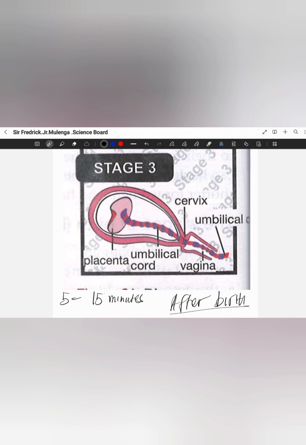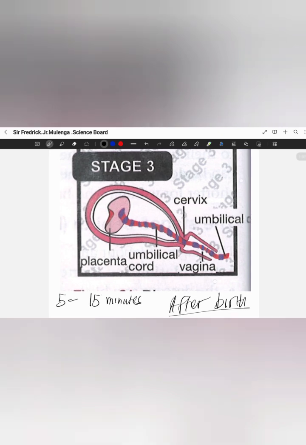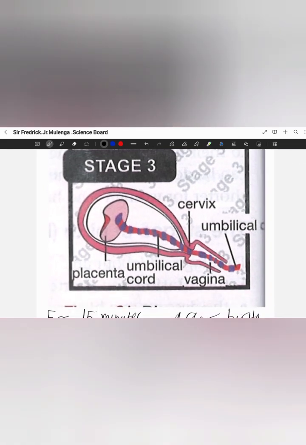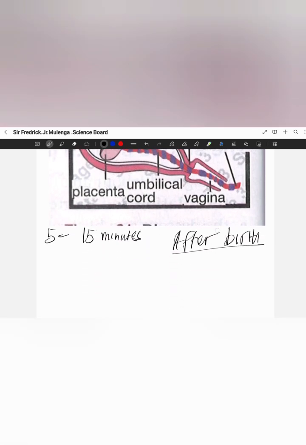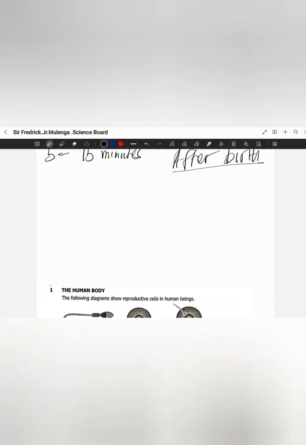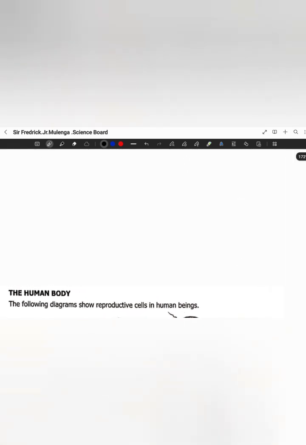Sometimes in the exam we can bring a diagram like this one and ask you to identify what stage this is and what events are taking place at this stage. So you need to be familiar with it. Let's now go through some of the questions that you might meet based on this topic.